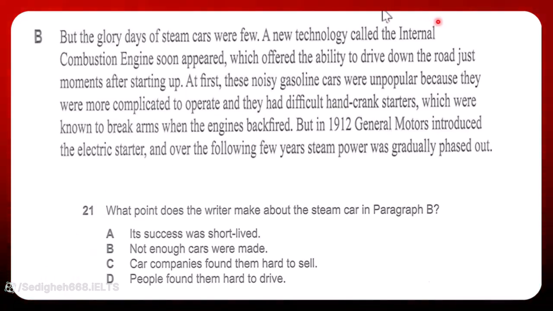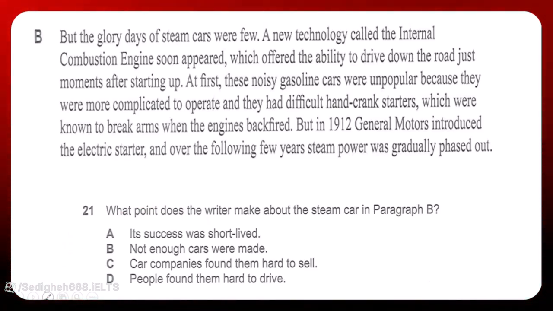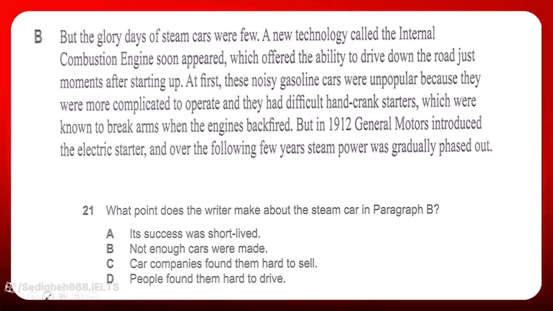Now we start from the first question, that actually here is question number 21. The first thing that we should do is to read the question and then also read the options and then decide what the keywords are.